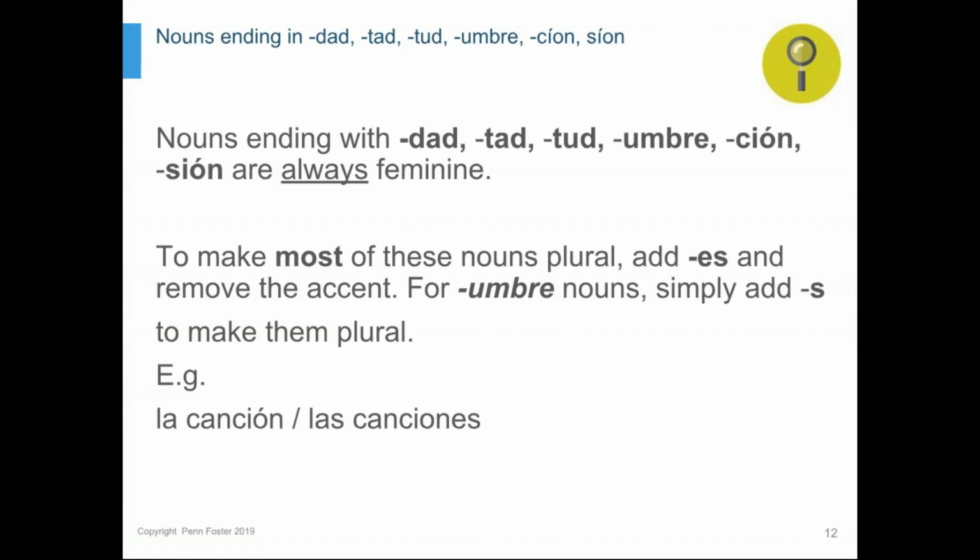Okay, not every Spanish word has an accent mark, that little dash above the vowel, in this case the O. Some do, and this is one of them. But to make that type of noun plural, the accent is removed. Since you're adding a syllable, the ES is added. And then for the one that doesn't end in a consonant, the UMBRE type, simply add an S like we have done for the non-consonant ones previously.